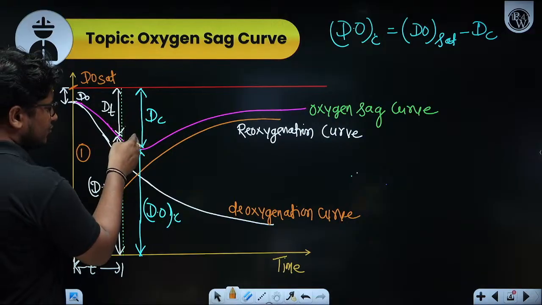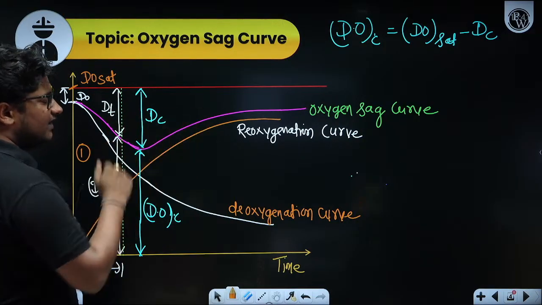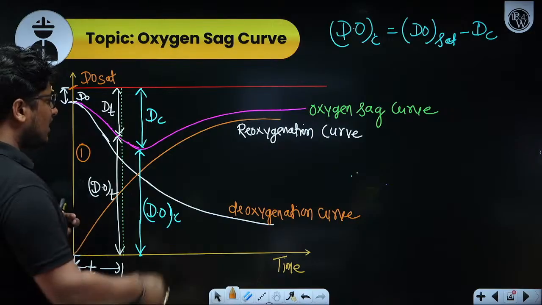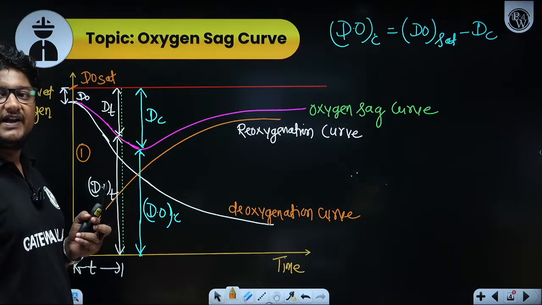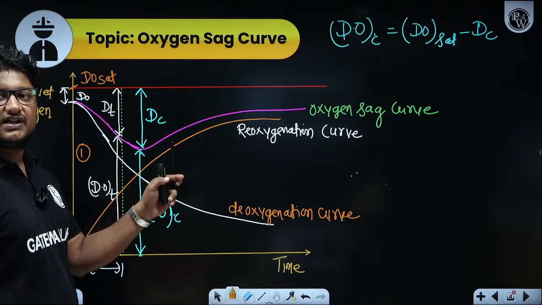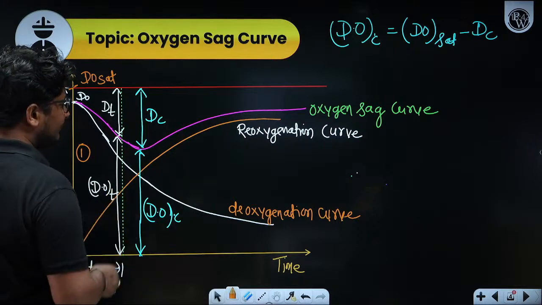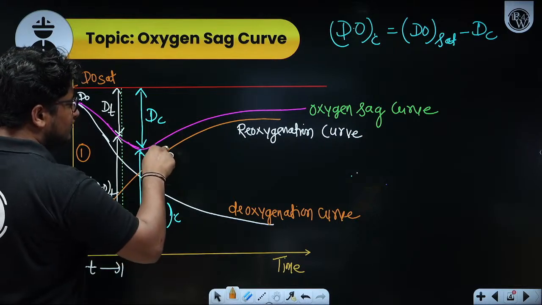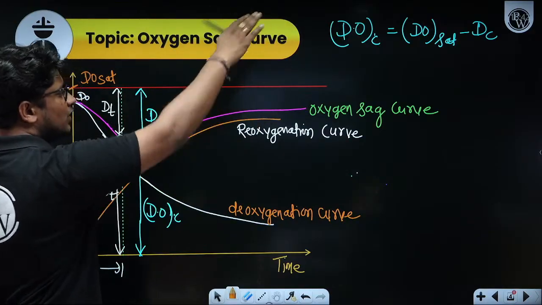But as you pass this point and go further in the downstream direction, you will notice the reoxygenation rate is now dominating, or the reoxygenation curve is higher than the deoxygenation curve. Because of that, the oxygen value is rising. It will go towards the saturation value.